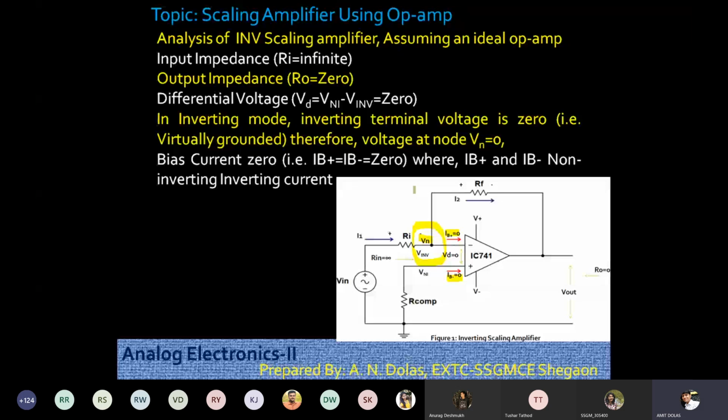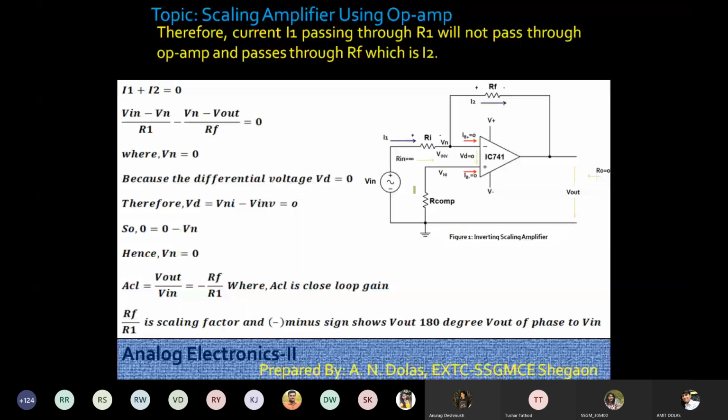Current I1 passes through R1 or Ri, and will not pass through the op amp. It directly passes to Rf, which was already discussed in the form of I2. So writing the KCL equation at node Vn, I1 plus I2 will be equal to 0.